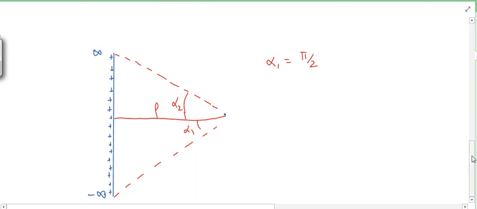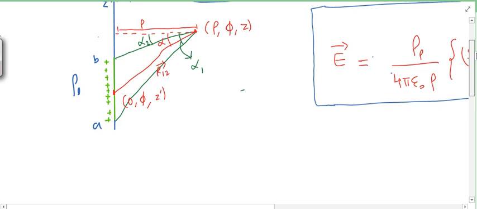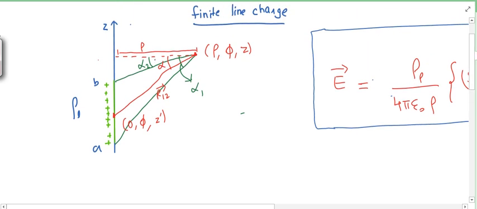Now in the previous figure which I have drawn, alpha 2 was on the downside. Now here alpha 2 has become on the upper side, for the infinite case.